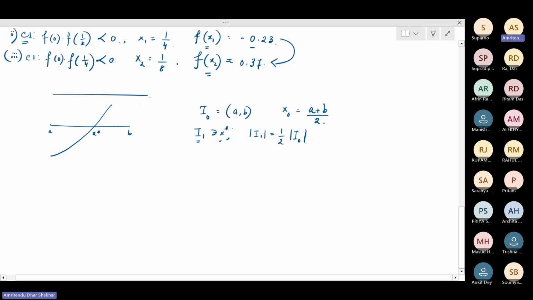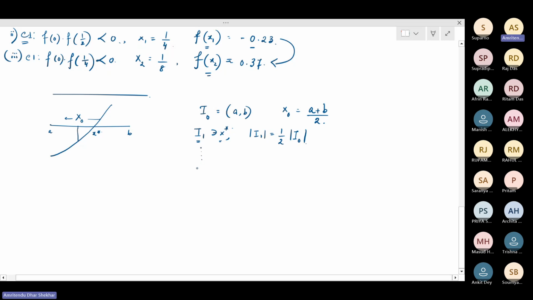I1 also contains x star, because that's how we choose. If x naught is somewhere here, we go either to the right or to the left based on conditions C1 and C2. So effectively, we have reduced the search space to a smaller interval I1, whose length is half the length of I0.